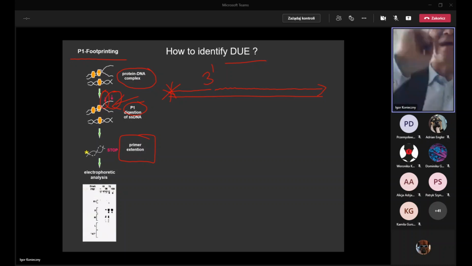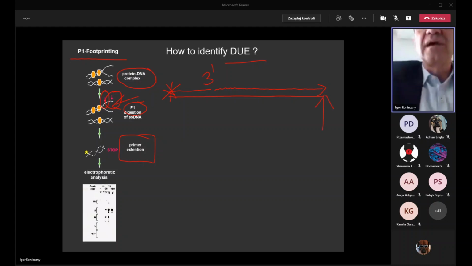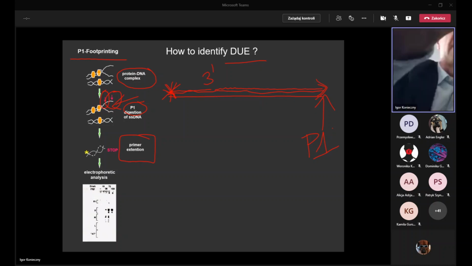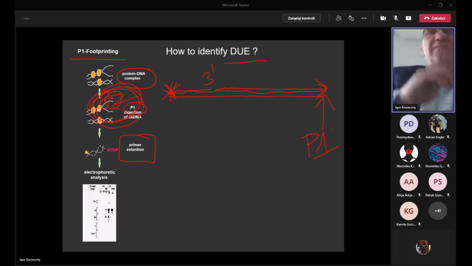In our experiment, it would be extended to the place where P1 digested the DNA. So the length of the synthesized strand would identify the position which is unwound.